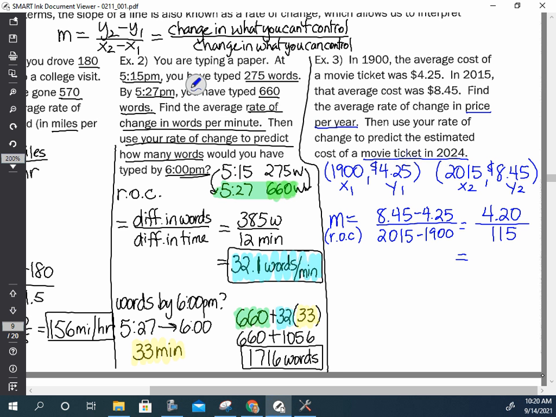So if we divide this out, that's roughly about 4 cents. So you got 0.036. So that's 4 cents a year. That is your rate of change.